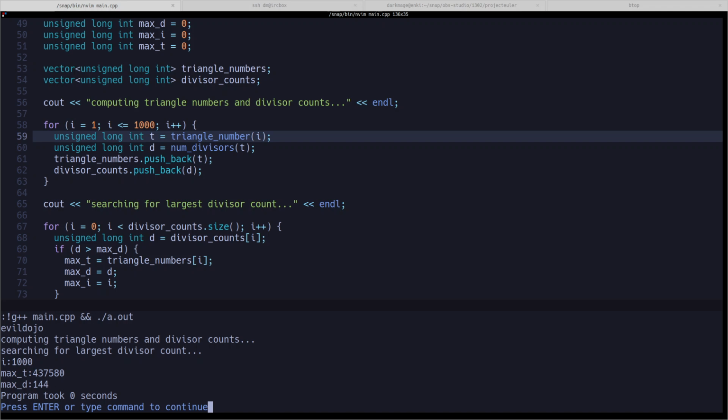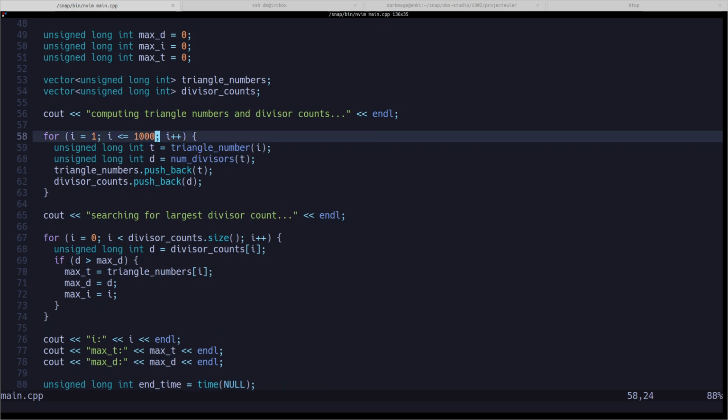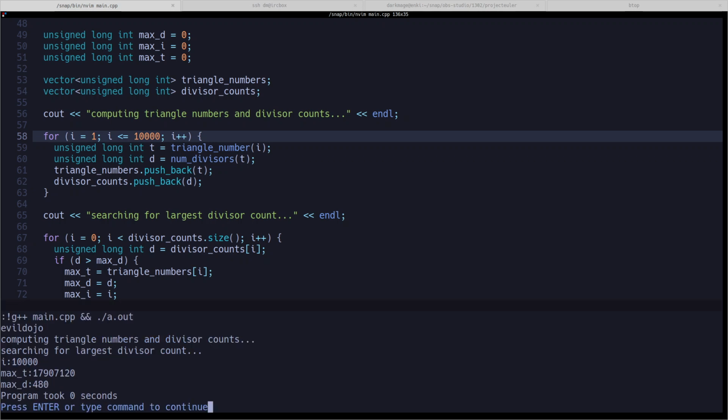So in the first 1,000, the max number of divisors is 144. Oh, that was much faster.